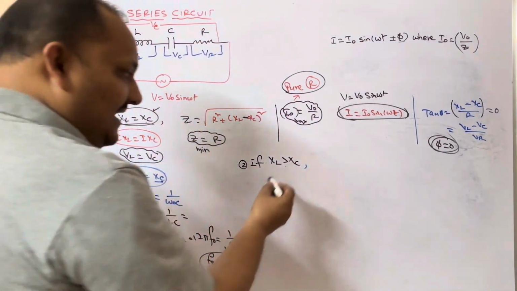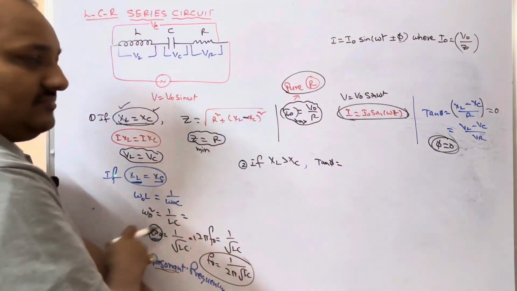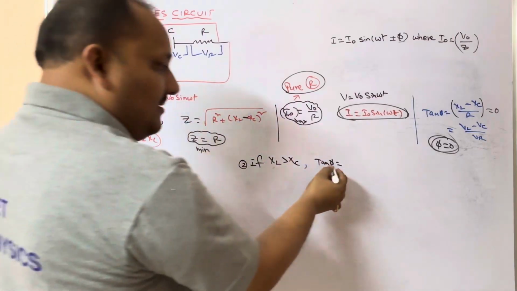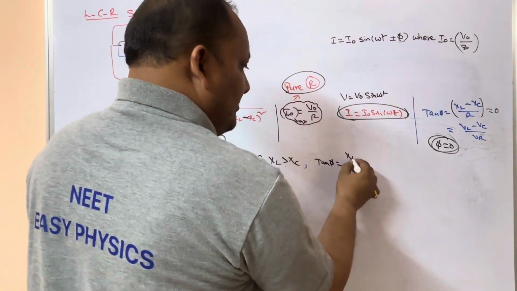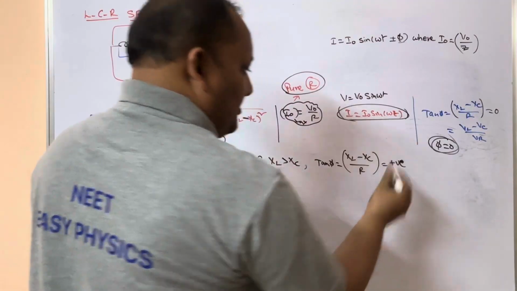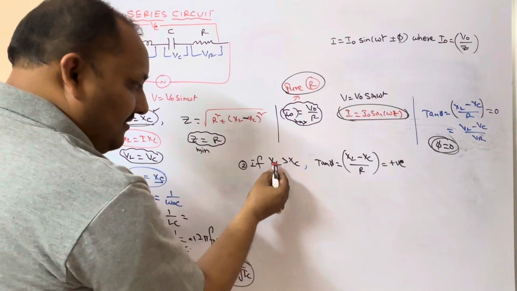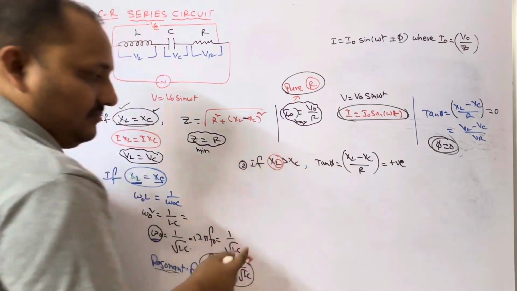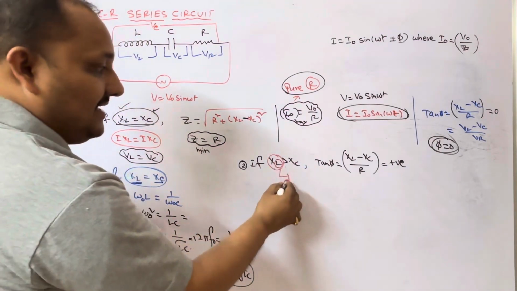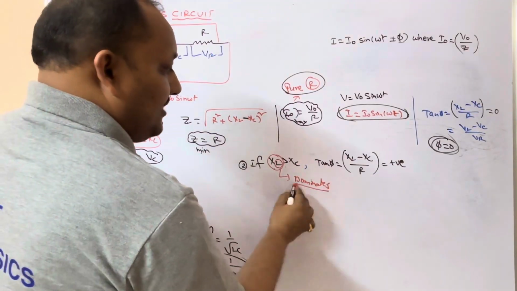Next, in this condition, we get tan phi from this, which is easy for us. XL minus XC by R becomes positive. So XL greater than XC means tan phi is positive. XL is more, so this is called L dominating.